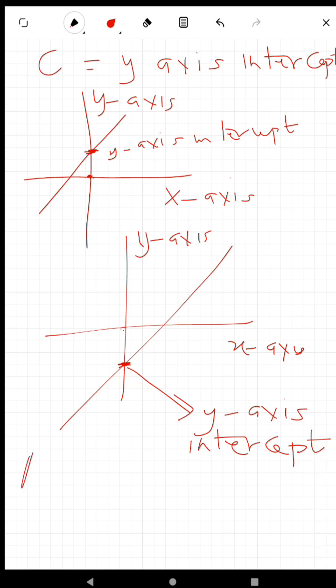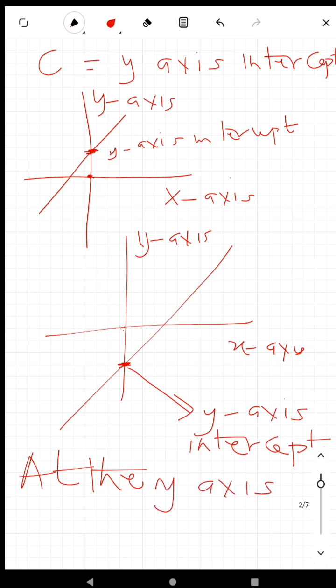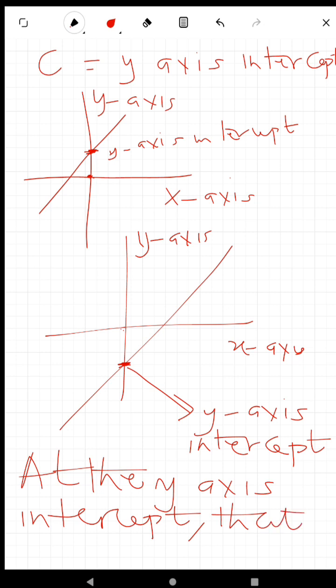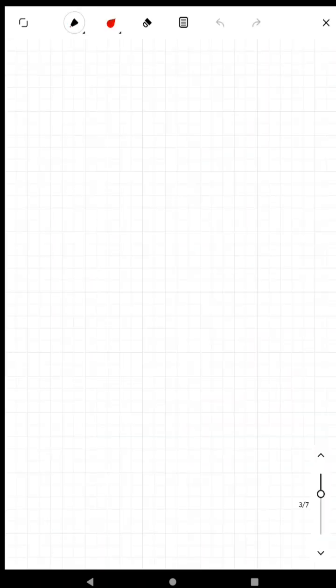So at the y-axis intercept, that is c, x is equal to 0.